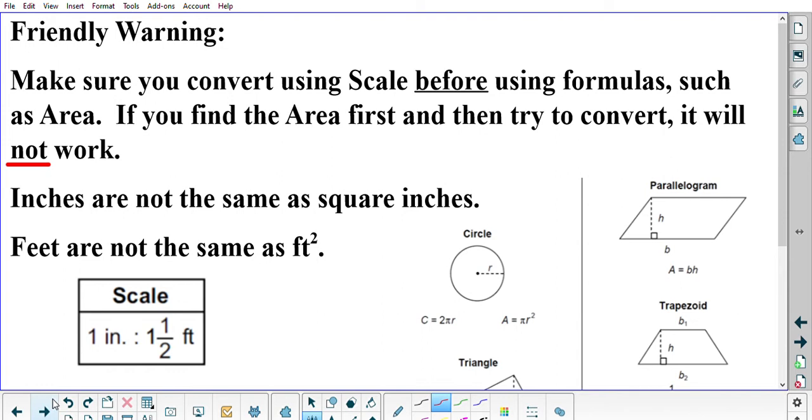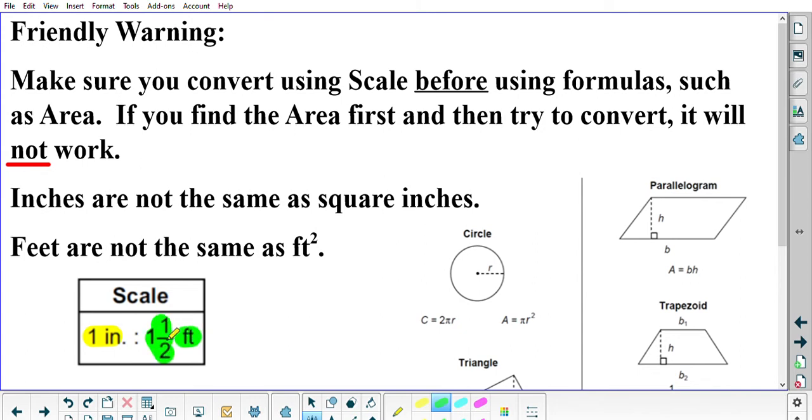Because if you find the area first and then try to convert it using the scale, it's not going to work. Now, why not? Because scale, for example, like we were looking at, will show you the number of inches going to something else, like the number of feet.